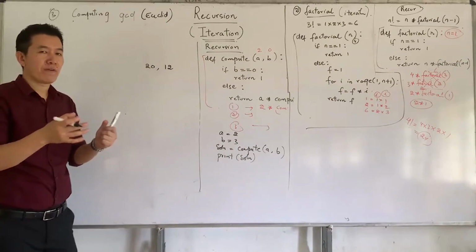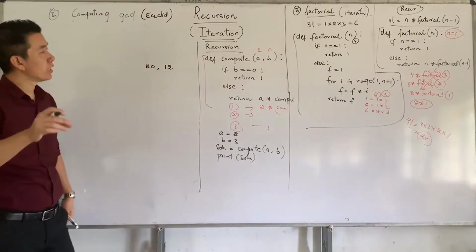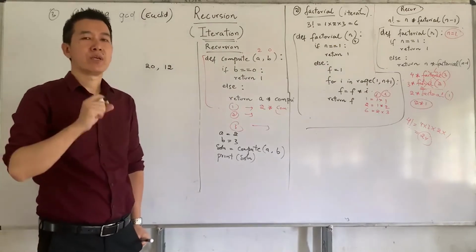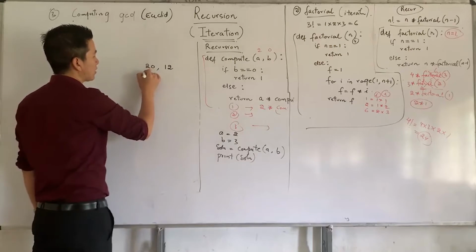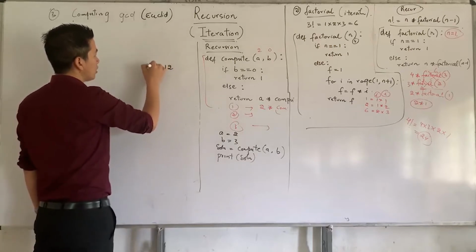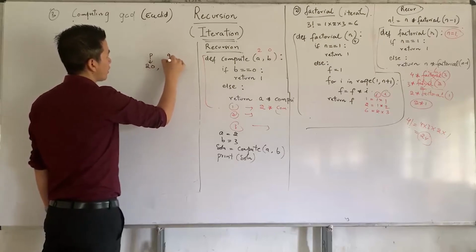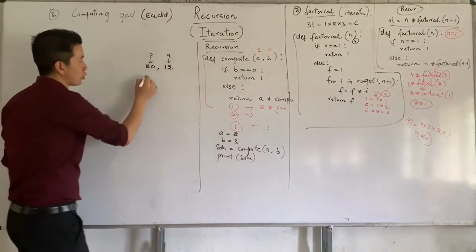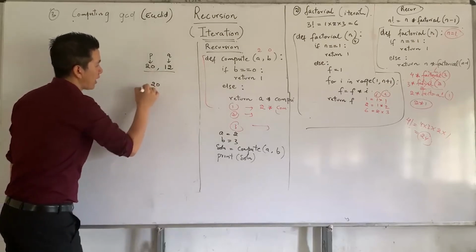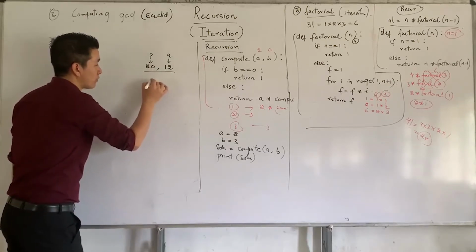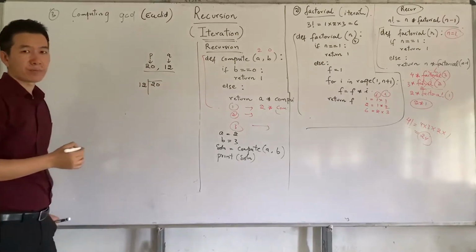We have to find the greatest common divisor, GCD, using Euclid's or Euclidean algorithm. So this mathematician says you need to carry out like this. Let's say the value P is 20 and then Q is 12. So the algorithm runs like this. You have to divide the larger number by the smaller number.